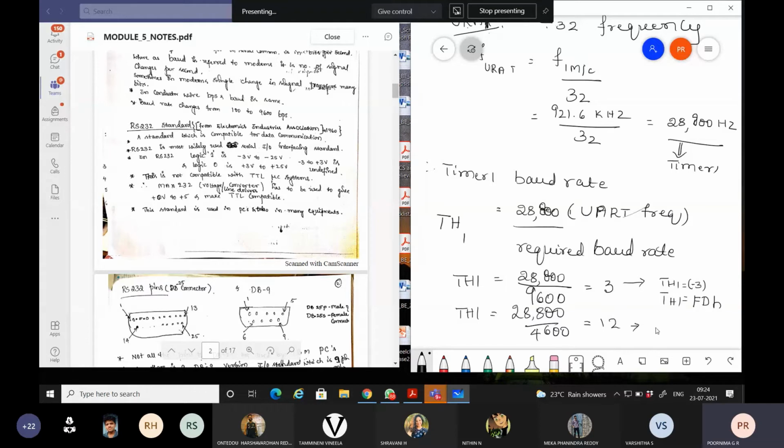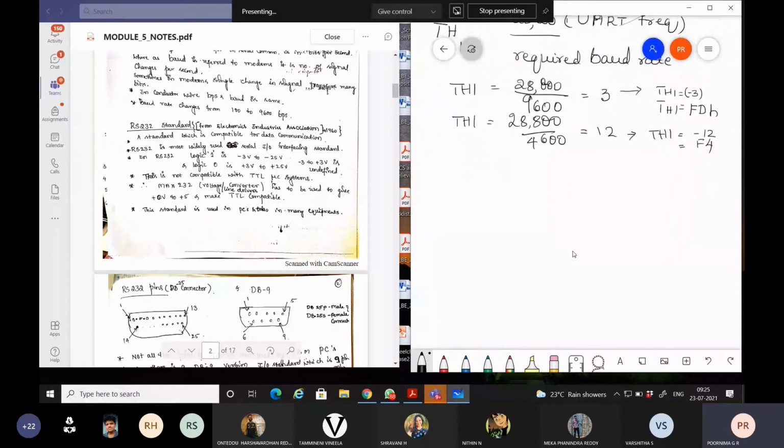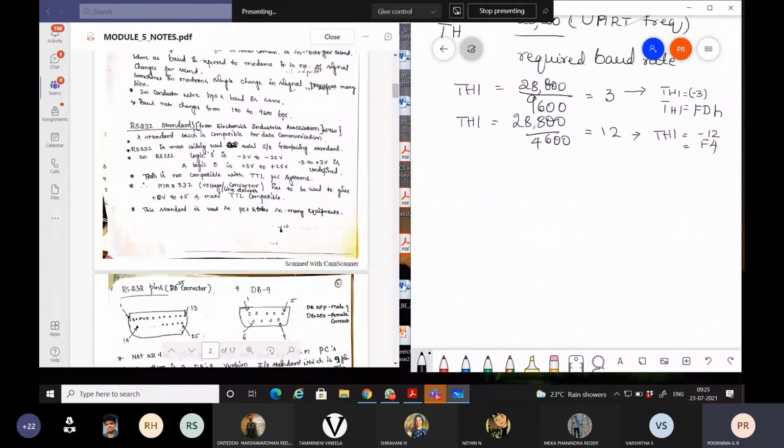This 12 has to be loaded as -12, so its equivalent hexadecimal value is F4. This is how the various baud rates are fixed with the timer registers.